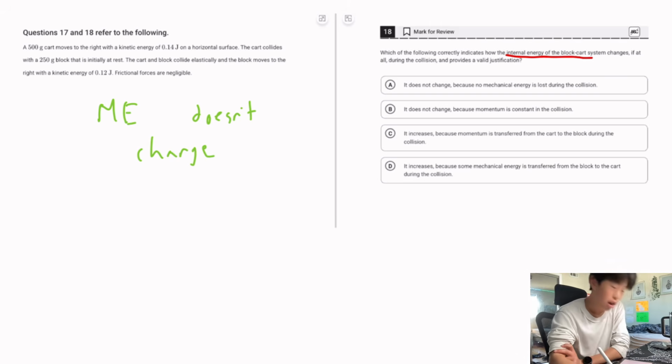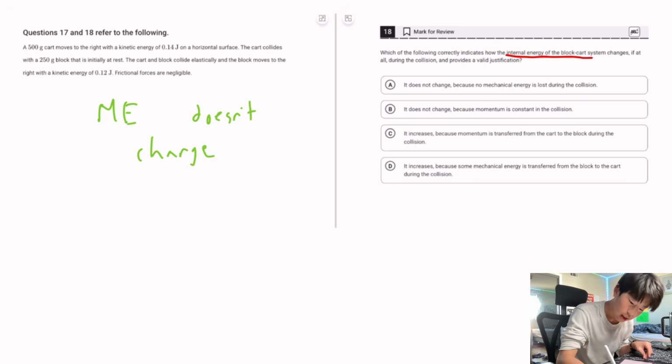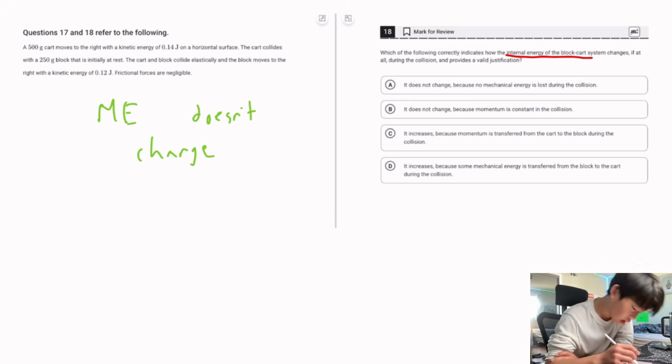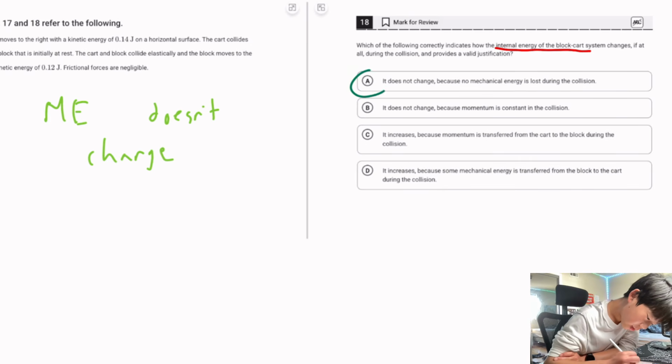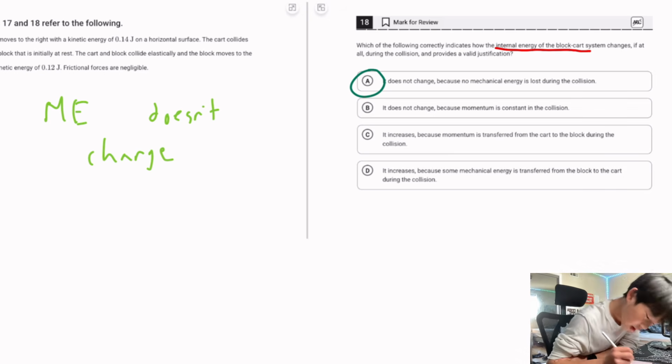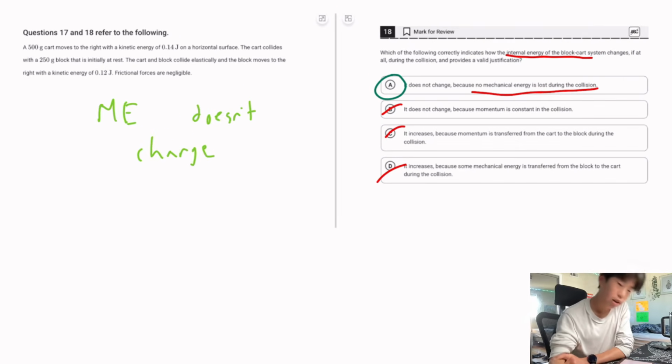If no energy is converted to air resistance or friction or anything like that, that means all the energy is converted into kinetic energy and none of it is converted into internal energy at all. So it's going to be A. Why? Because no energy is converted to friction. It's always kinetic energy into kinetic energy. Mechanical energy is not lost during the collision. That's right. All right, next.